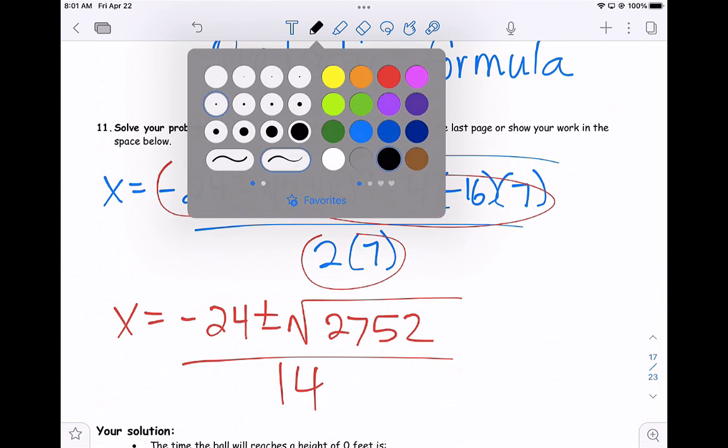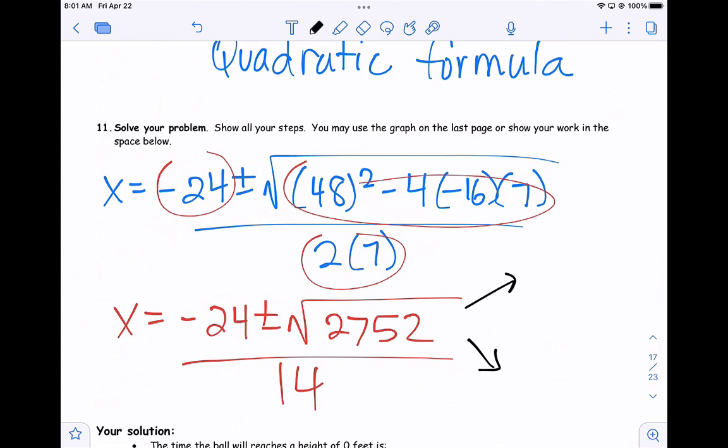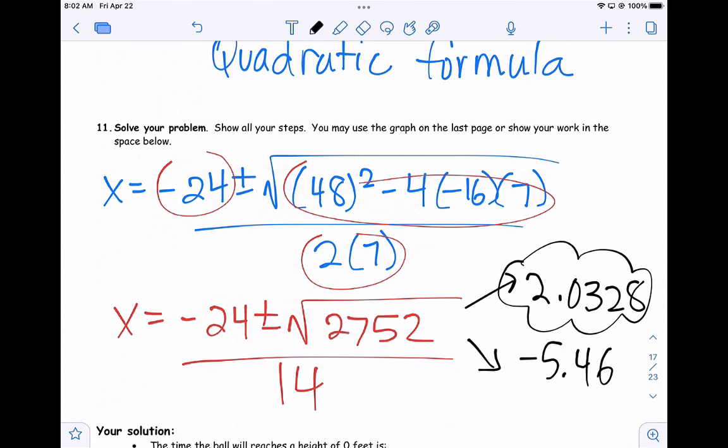We're going to split it up and get our two answers when the height is 0. So negative 24 plus the square root of 2,752, hit enter, divided by negative 32, and it's at 2.0328 seconds, and negative 24 minus the square root of 2752, hit enter, divided by negative 32, and we'll get negative 5.46, and we're going to look at the positive time.